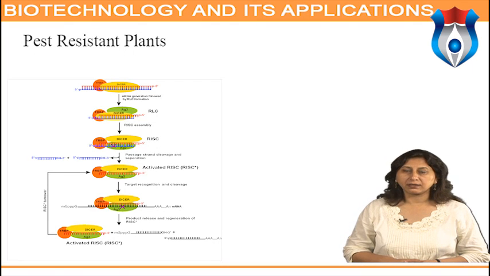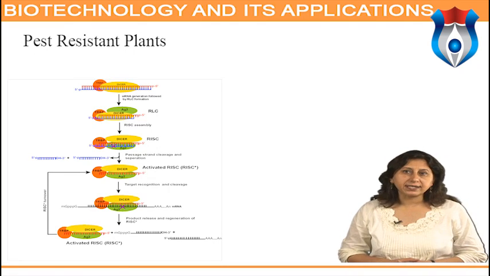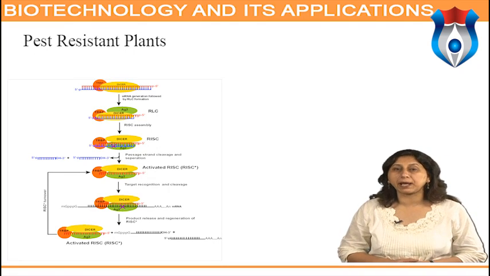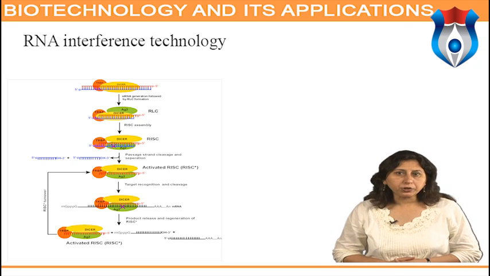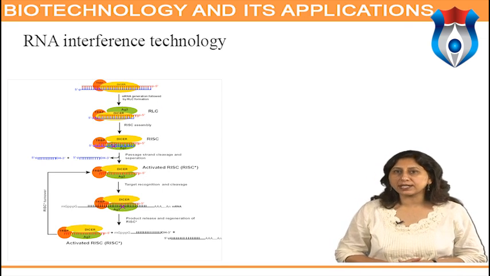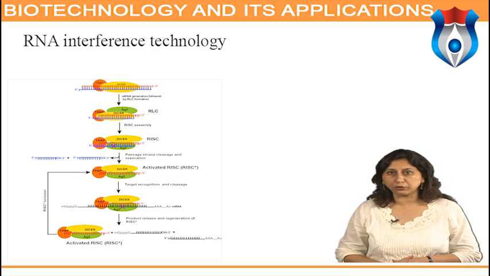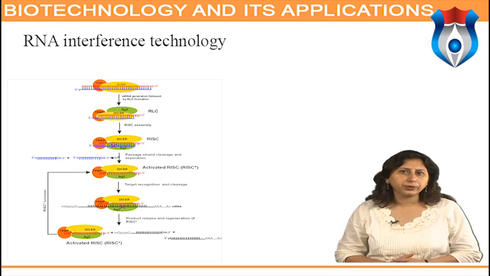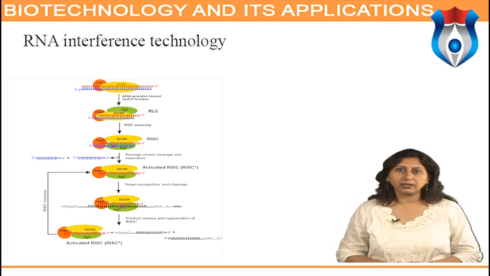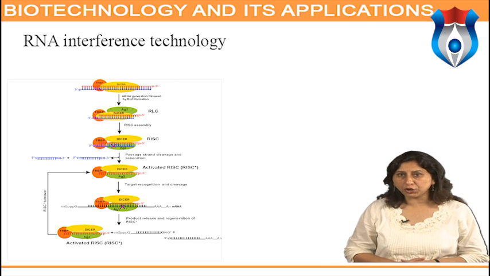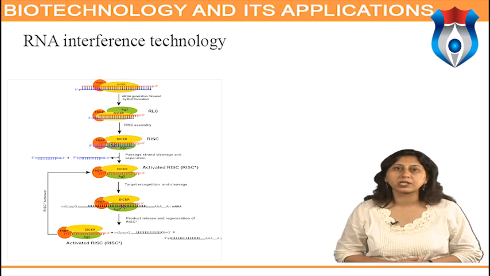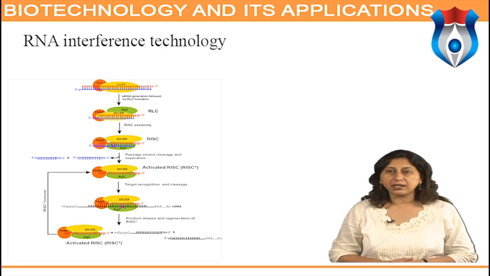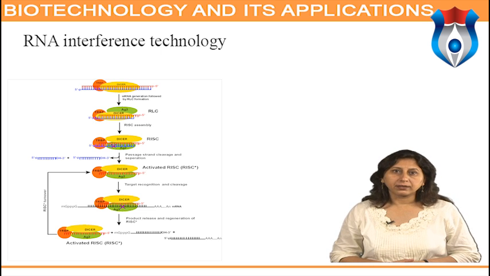Pest-resistant plants. Several nematodes parasitize a wide variety of plants and animals, including human beings. A nematode, Meloidogyne incognita, infects the roots of tobacco plants and causes a great reduction in yield. A novel strategy was adopted to prevent this infestation, which was based on the process of RNA interference, RNAi.